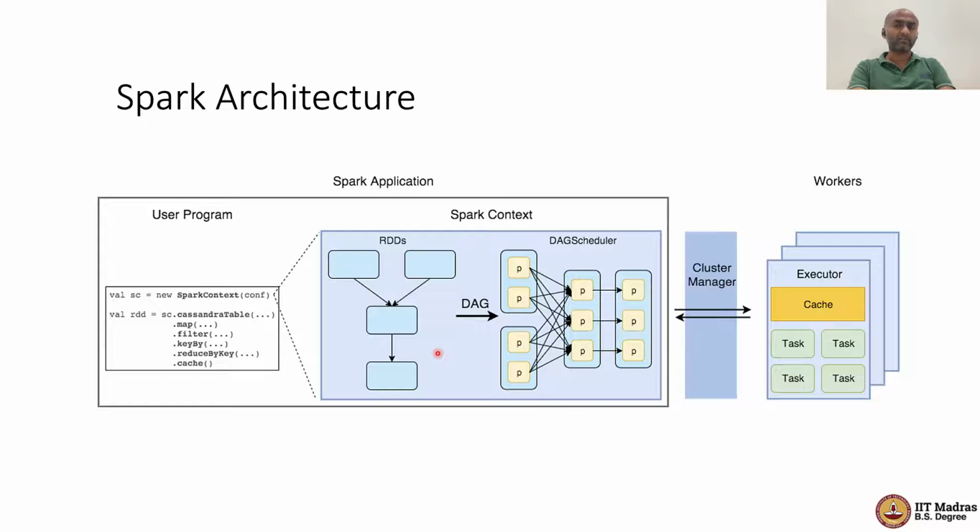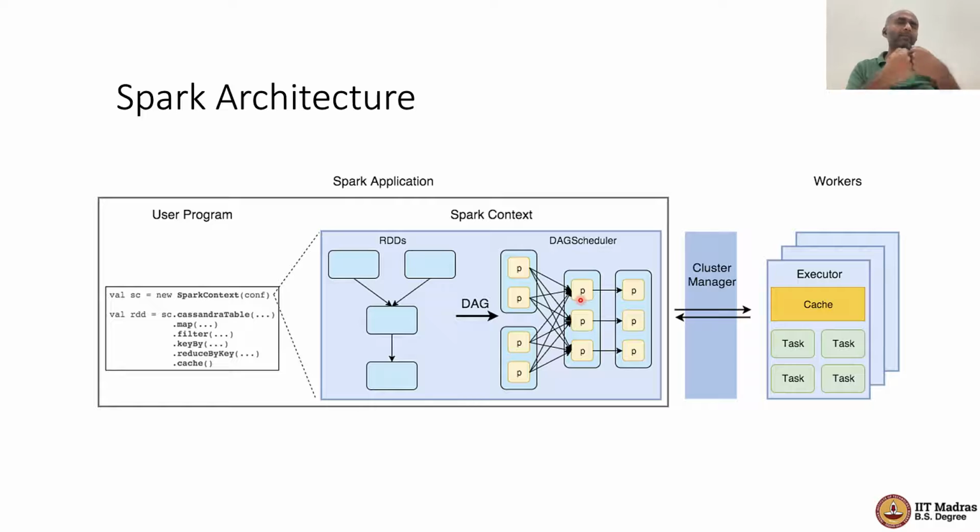The driver program runs on the master node, which then creates the DAG for the operations that are embedded within the user program, and then the driver coordinates with the cluster manager to get the instances of these executors, and then the stages which are broken down are executed as tasks within those executor instances. And then once the entire set of tasks are done, all the stages are done, the final execution returns back to the driver.